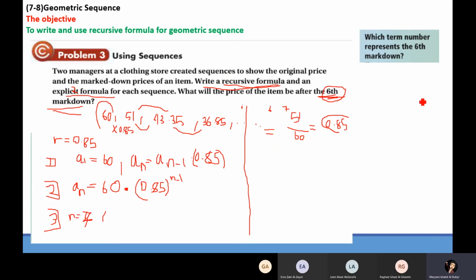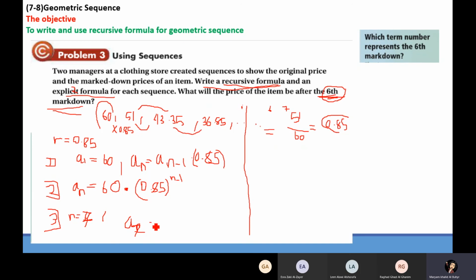While here, because I'm asking you to find the 6th mark down, which is a word problem, the first term represents the initial price. So let's do it. We can find it easily by using the explicit formula, because if we use the recursive formula, I need to find the 6th term first, but I don't know it.